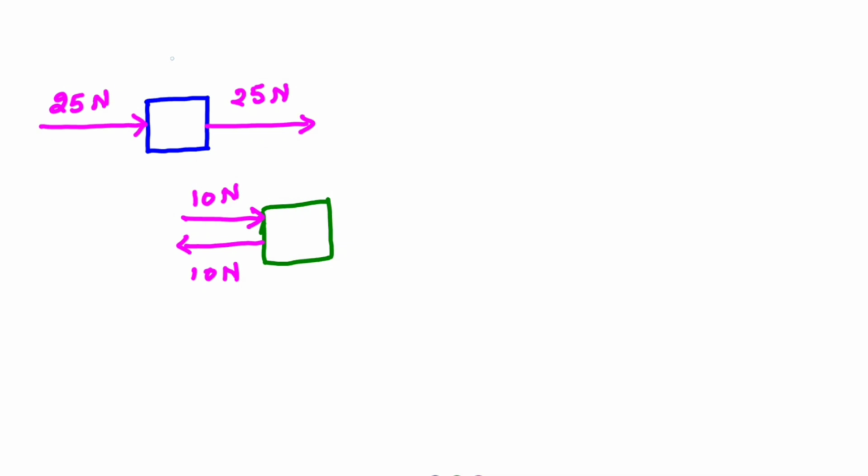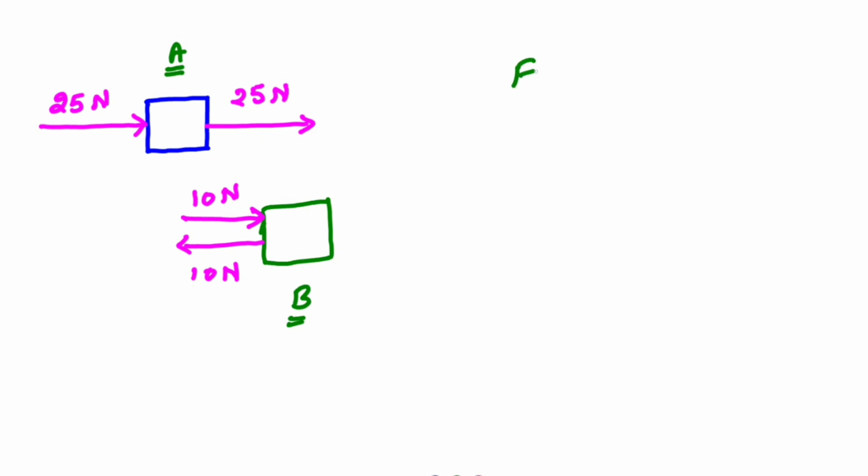Let me give a name to this one. This is situation A and say this is situation B. Tell me, in situation A it is balanced or not, and in situation B whether the forces are balanced or not. Let me know in the comment sections. So I'll give a hint also.